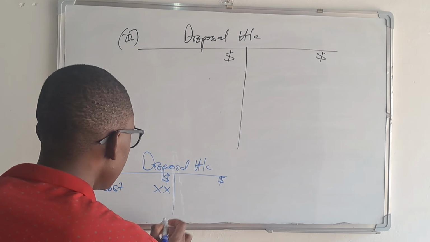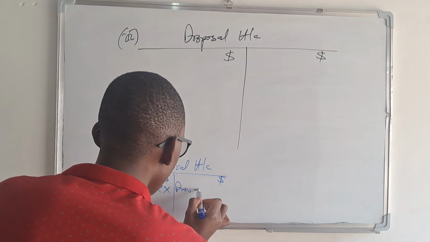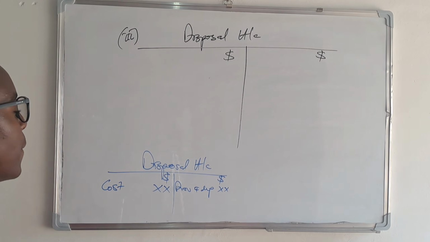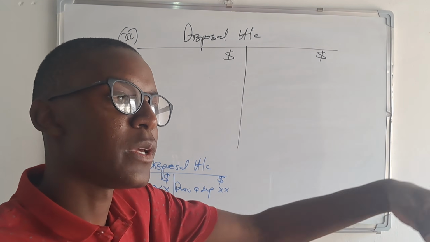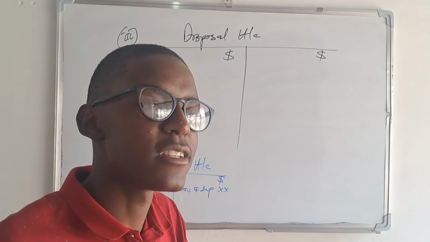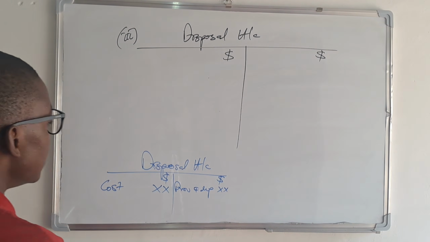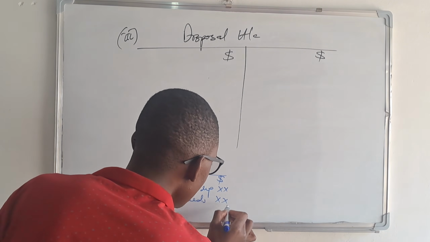Then you record the provision for depreciation. What is the provision for depreciation? The amount of the accumulated depreciation from the date it was purchased to the date it was traded in, disposed or sold. Then you record the proceeds from the trade in.